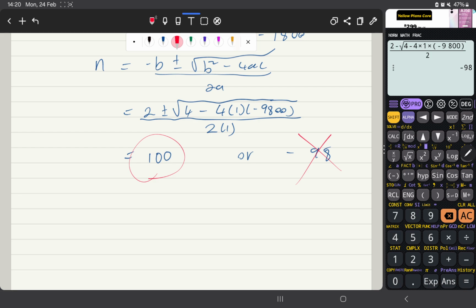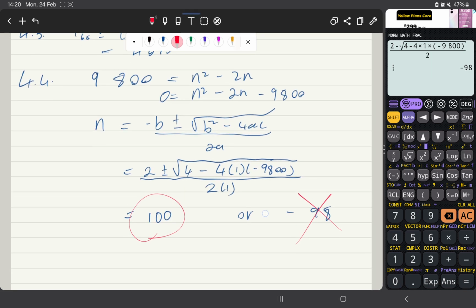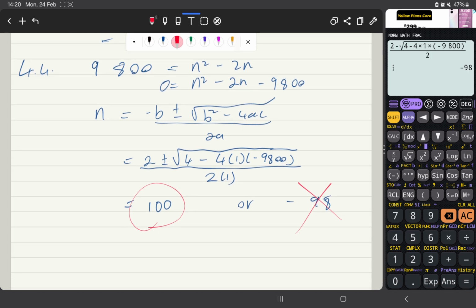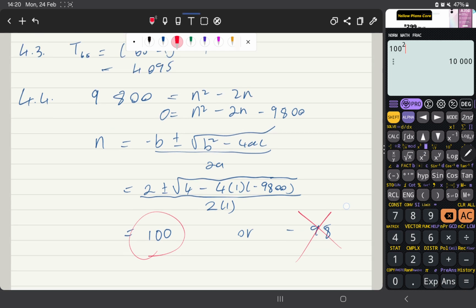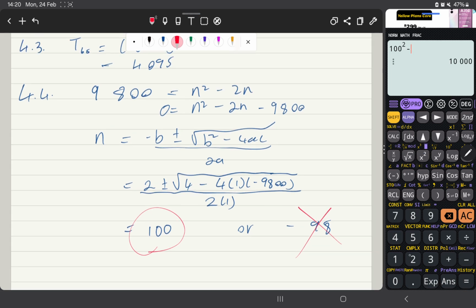So in that case, since I'm getting exactly 100, it's not a decimal, right? I'm going to try to substitute that value. I'm going to say n squared, which is 100 squared, minus 2 times 100.